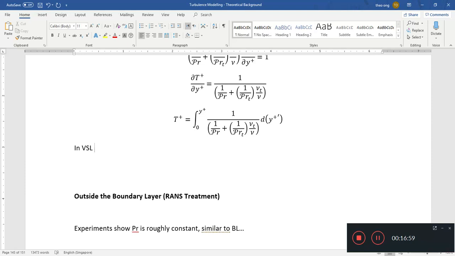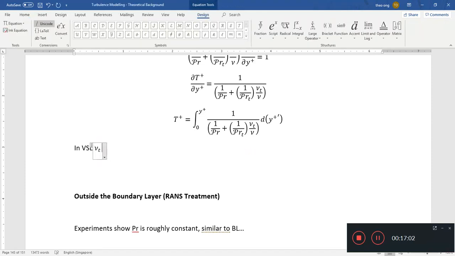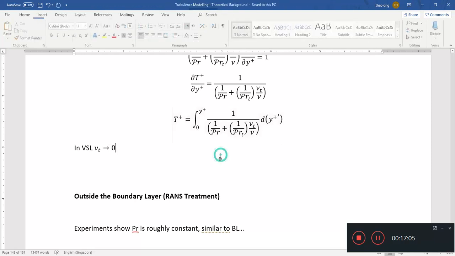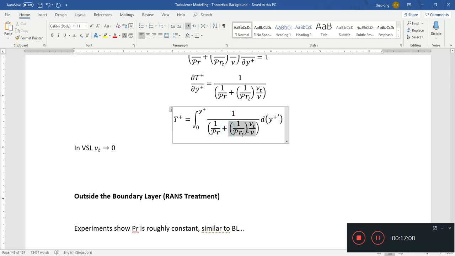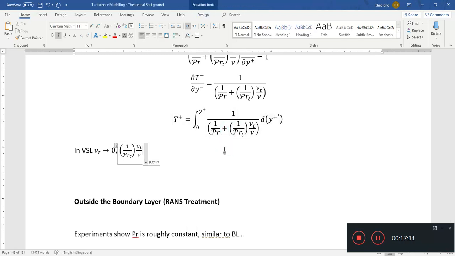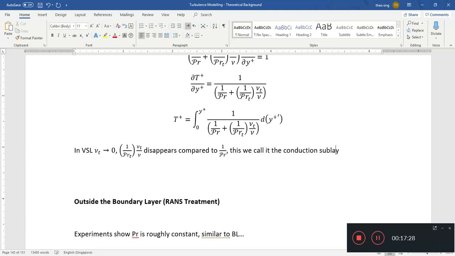This nu t approaches 0, which makes sense, and this term disappears compared to 1 over the Prandtl number. In this regime we call it the conduction sublayer. It's closely related to the viscous sublayer, but the layer thickness differs between both of them.